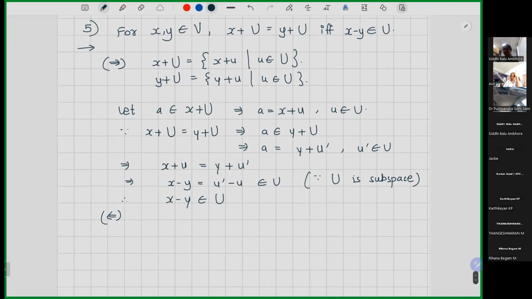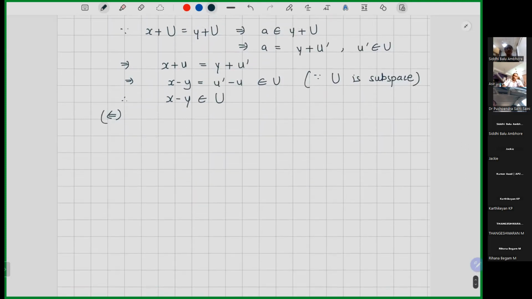Since A has these two representations, I can simply write that x plus u is equal to y plus u dash, and we get that x minus y is equal to u dash minus u. And u dash minus u is in U since U is a subspace. And therefore, we got that x minus y is in U. Any doubts here?